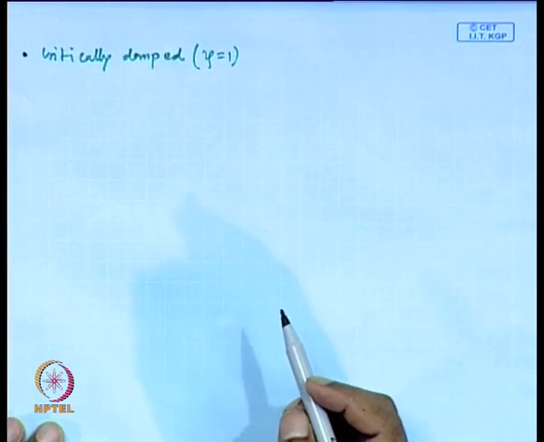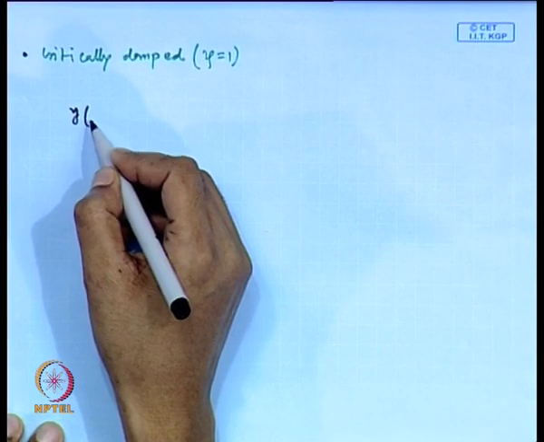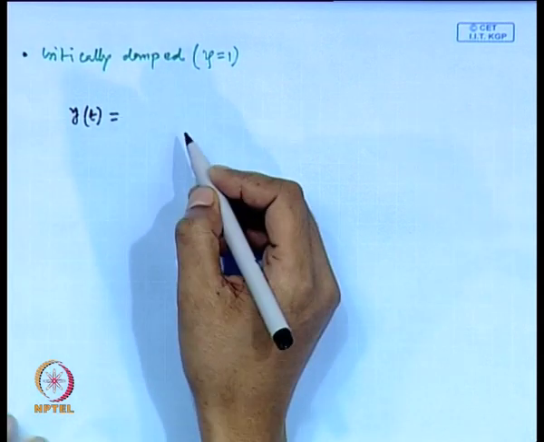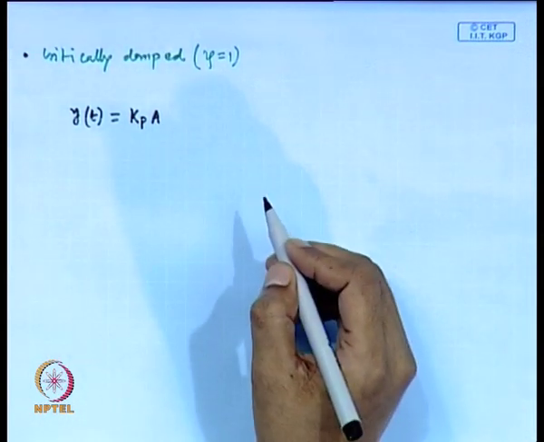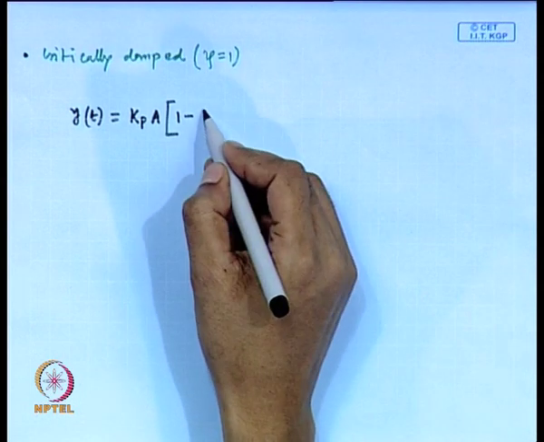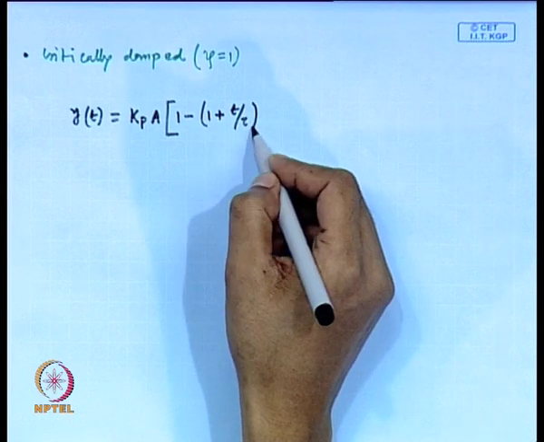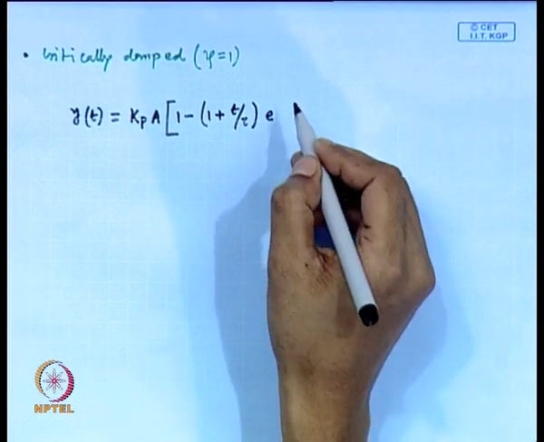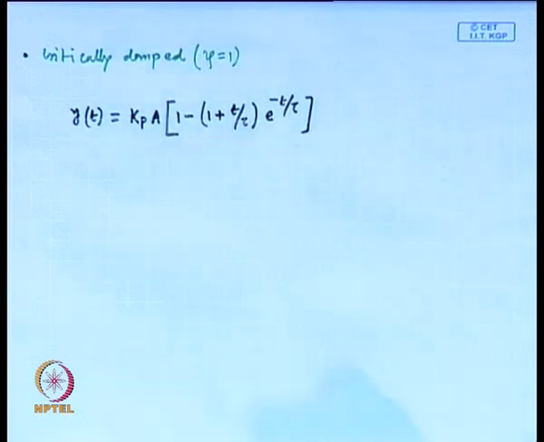And the expression of output in time domain we obtain by inverting as y t equals k p multiplied by a into 1 minus 1 plus t by tau exponential minus t divided by tau.